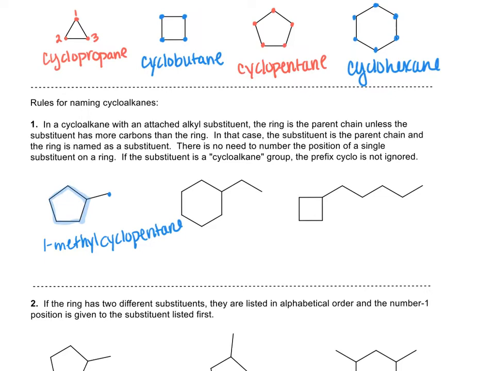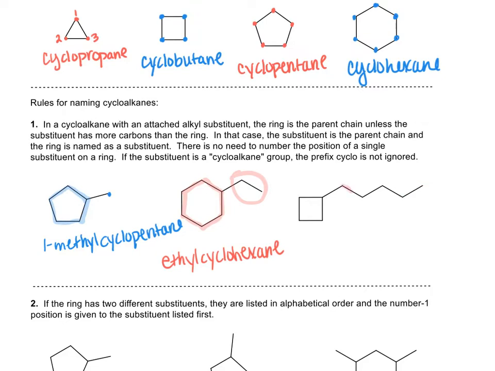The next one, our parent chain is going to be the 6 in the ring, and so this 2 coming off is our substituent, so we call it ethylcyclohexane. And as we said, you could put a 1 out in front of it, but you don't need to. And the last one in this example, 4 is the ring, so that's its own standalone unit, and this is 1, 2, 3, 4, 5.